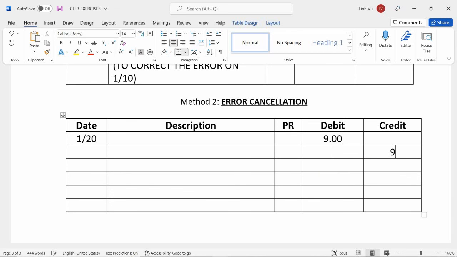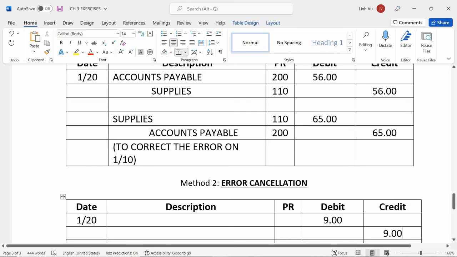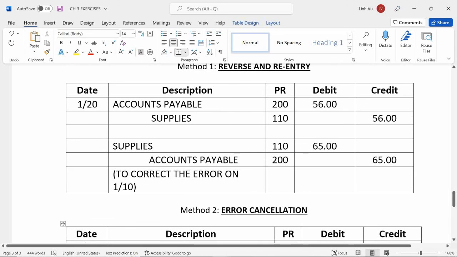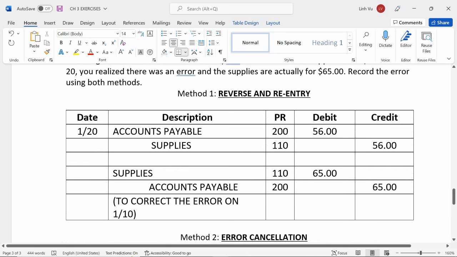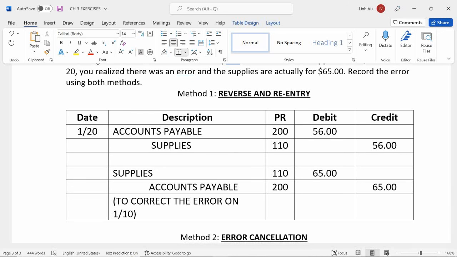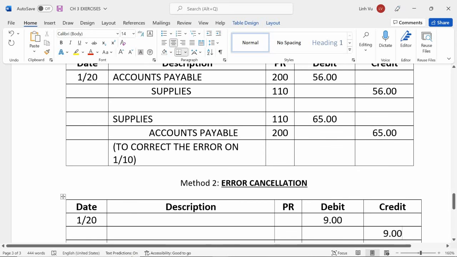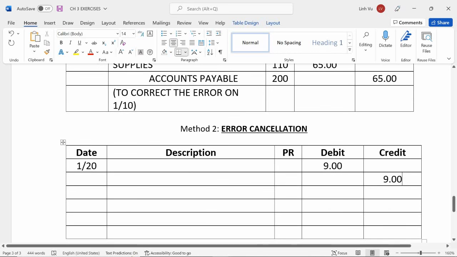Now, we need to figure out which account is over and which account is under. So in this case, it was supposed to be $65 instead of $56. Am I over in supplies or am I short in supplies? Short, right? Because I originally only put in $56 when my original purchase was actually $65. That means I don't have enough supplies.